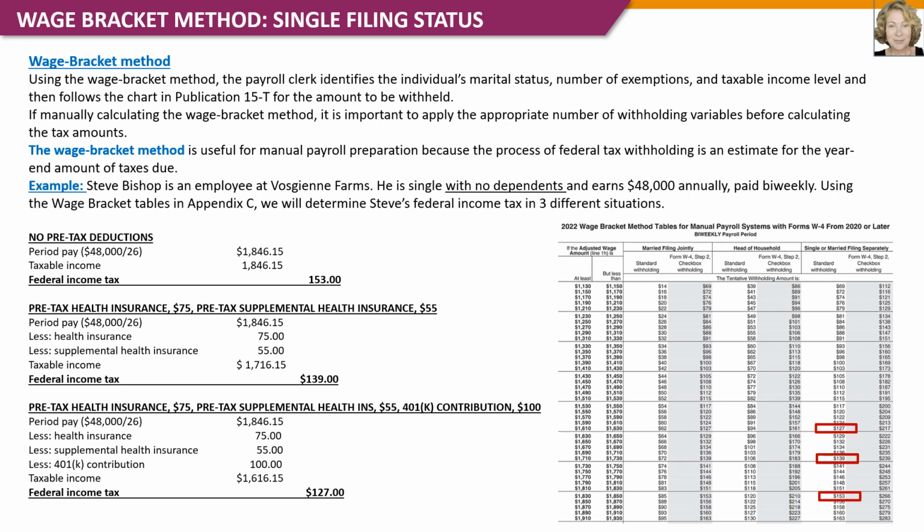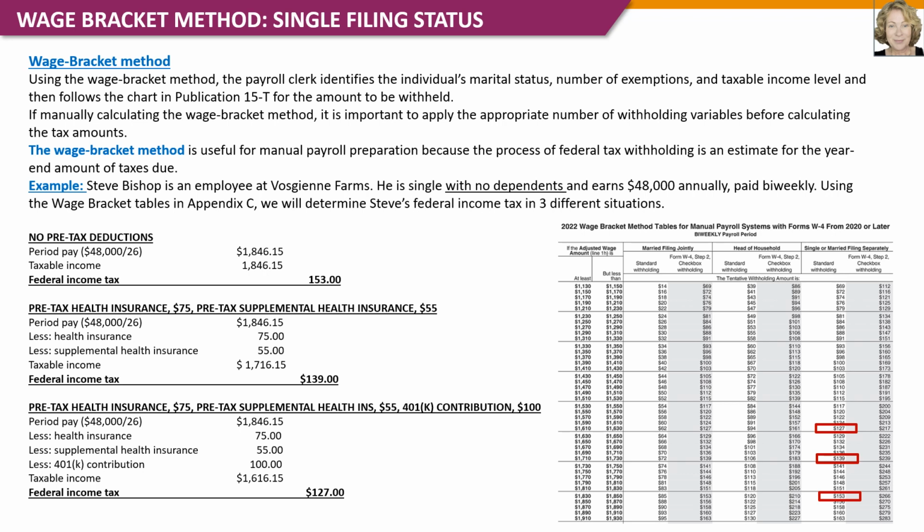So here we have an example of Steve Bishop, who is an employee at Vosgian Farms. He is single with no dependents and earns $48,000 annually and is paid biweekly. We'll use the wage bracket tables in Appendix C to determine Steve's federal income tax in three different situations.